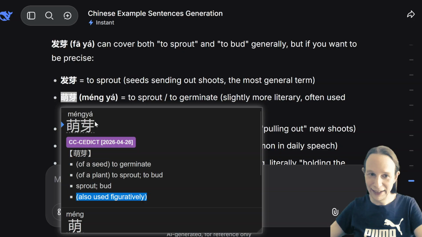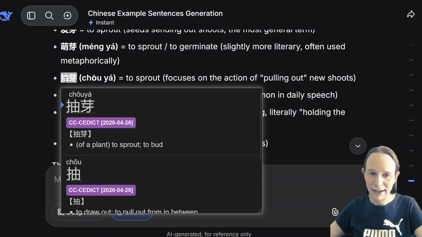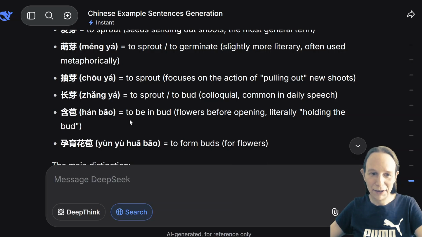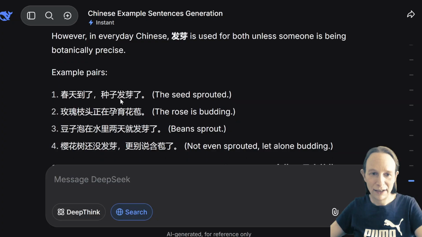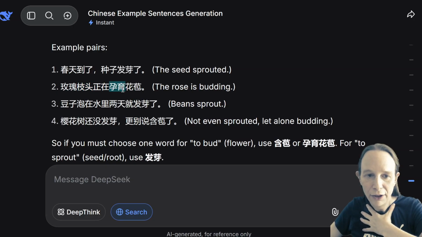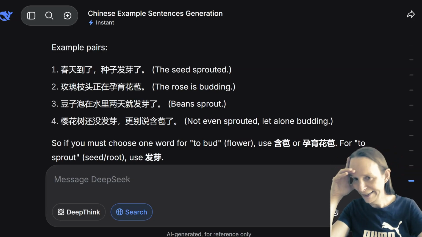Usually it's used figuratively. 萌芽状态中，抽芽，长芽，含苞. That's not in bud. 孕育花苞. The rose is budding. 玫瑰枝头，正在孕育花苞. All right, so maybe there isn't a specific verb that differentiates them in Chinese.